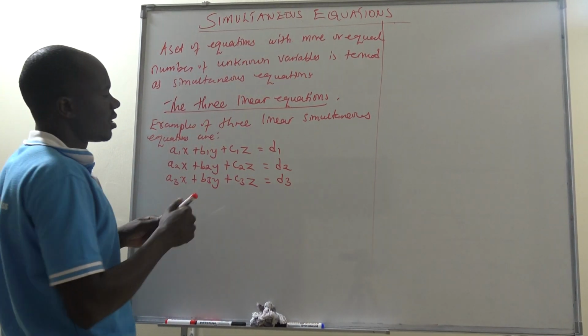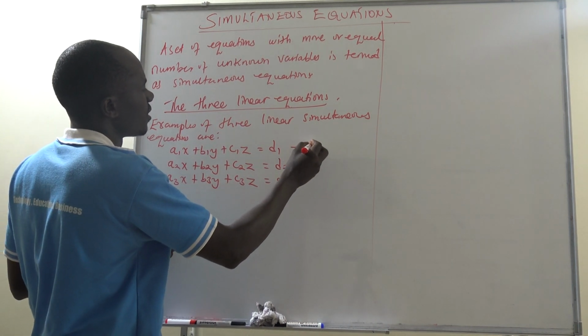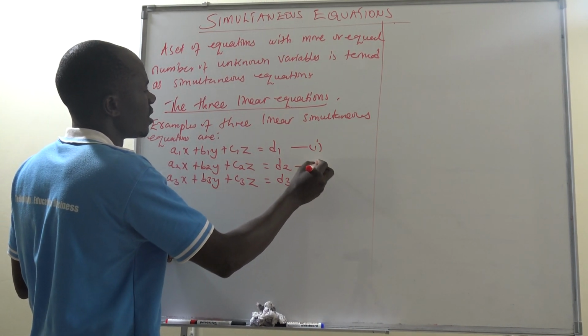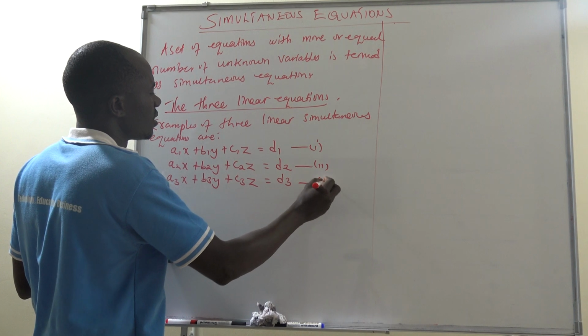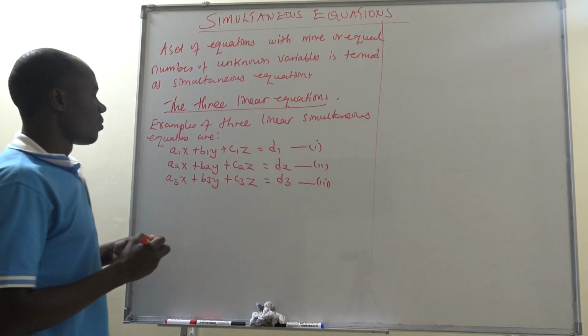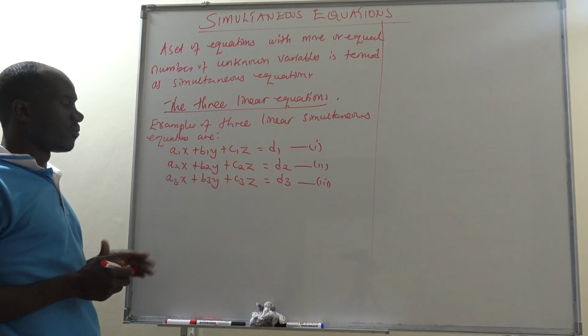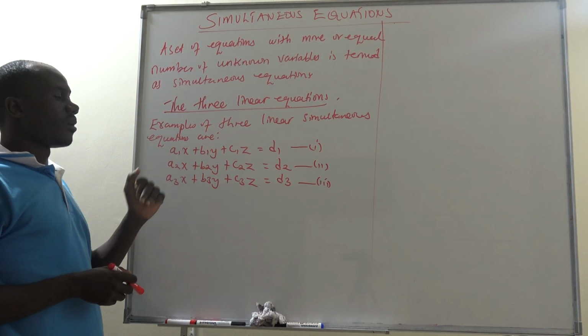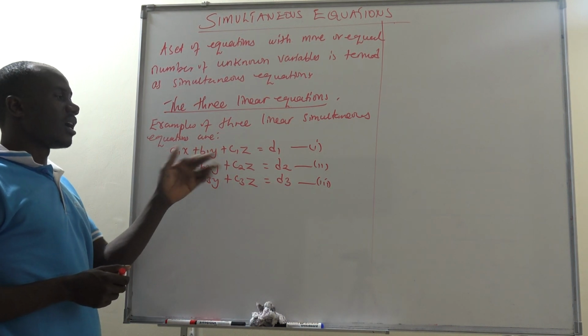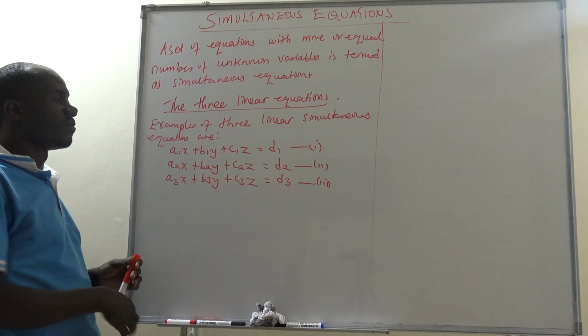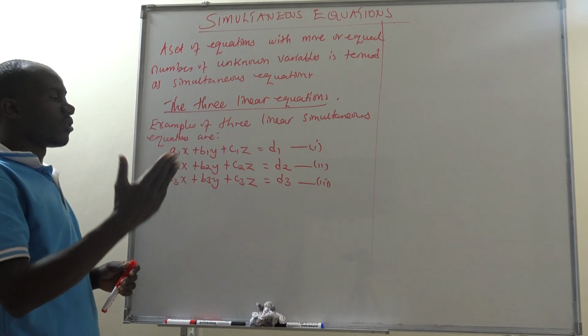You can see that this one is the first equation, this one is the second, and this one is the third. Here x has a coefficient of a1 in the first equation, y has a coefficient of b1, z has a coefficient of c1, and d1 is the constant.